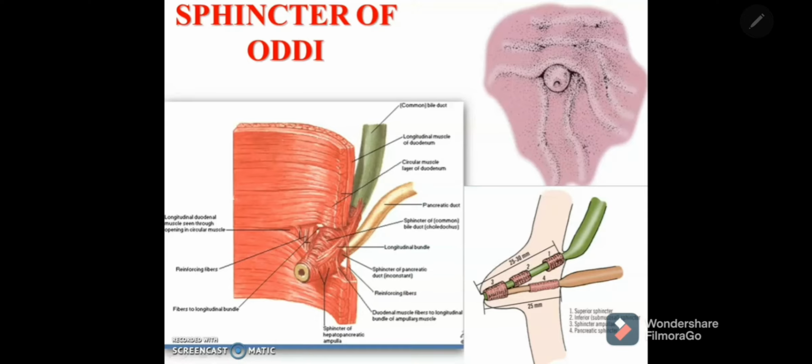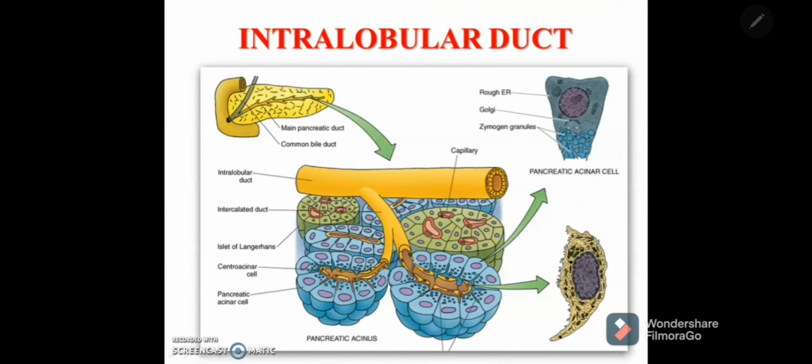You can notice there. That is how the sphincters are formed by the muscularis externa of the second part of the duodenum, sphincter of Oddi, surrounding both the common bile duct and pancreatic duct. Here, surrounding them, the sphincter is there. Sometimes these may open separately.